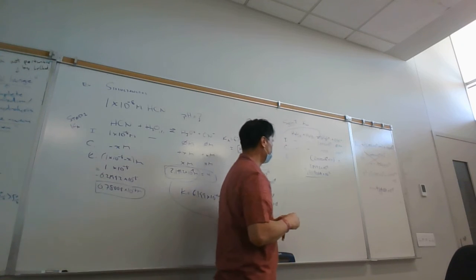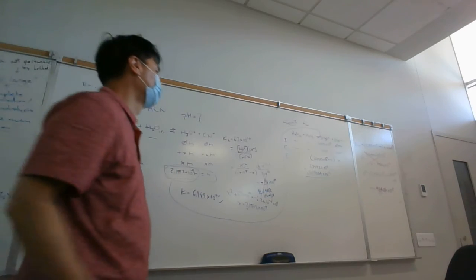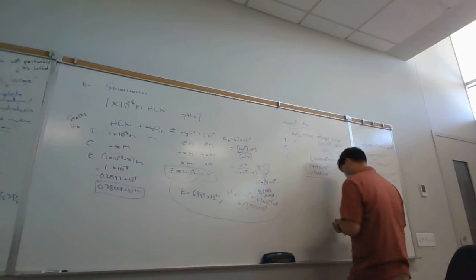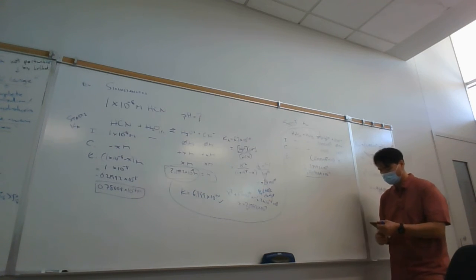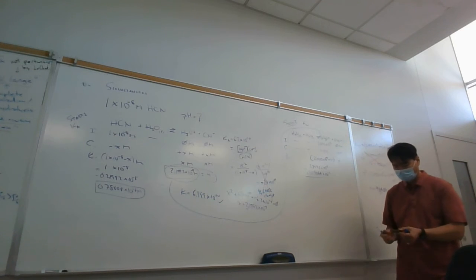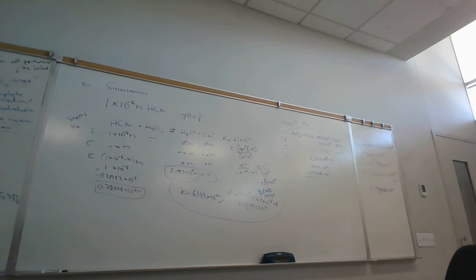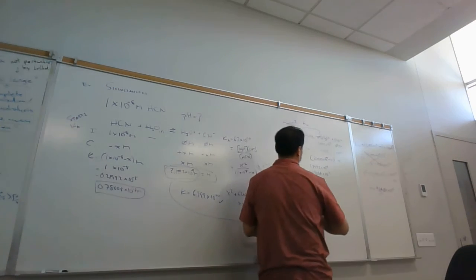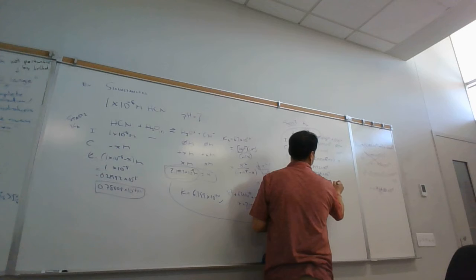And so the total hydronium here is going to equal 2.1992 plus 98.9064, which is 101.1056. So the total hydronium here is going to be 101.1056 times 10 to the minus 9 molar.